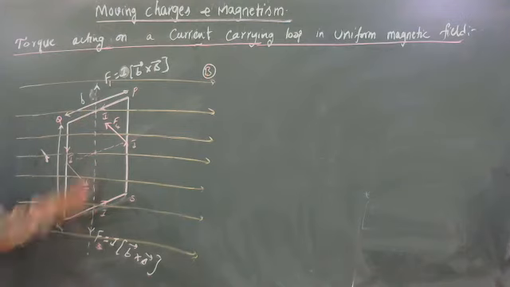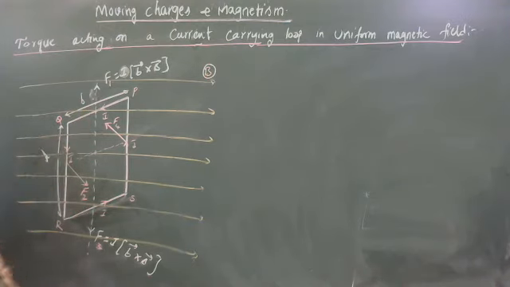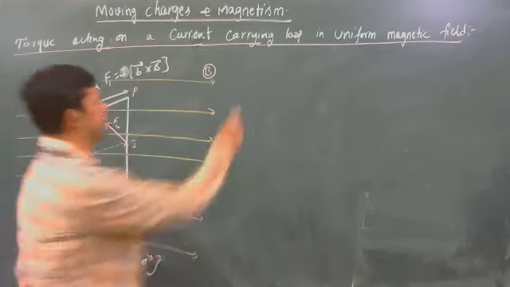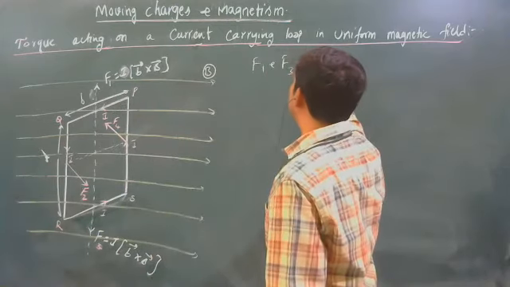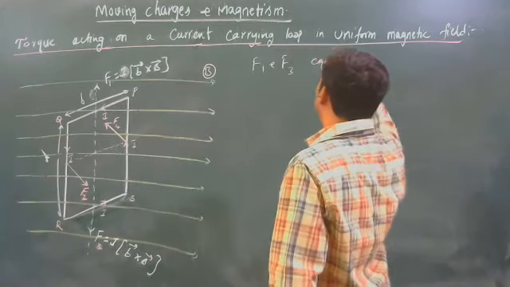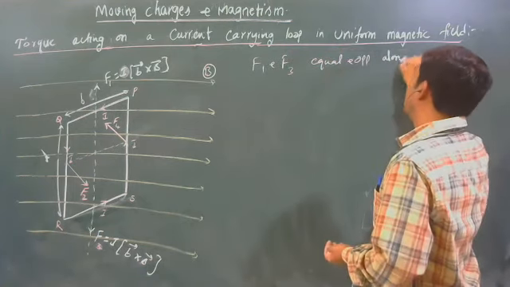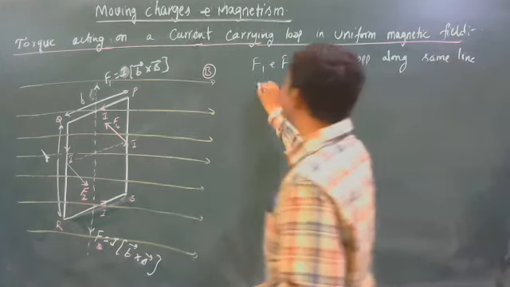These two forces act along the same line but in opposite directions, so they cancel out. F1 and F3 are equal, opposite, along the same line. So they cancel out.